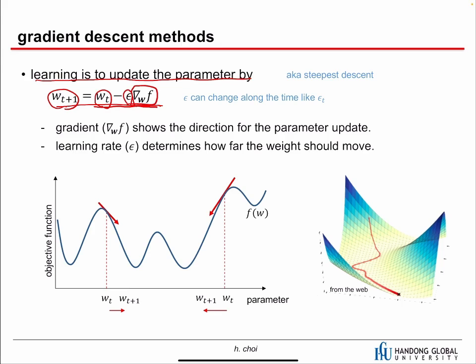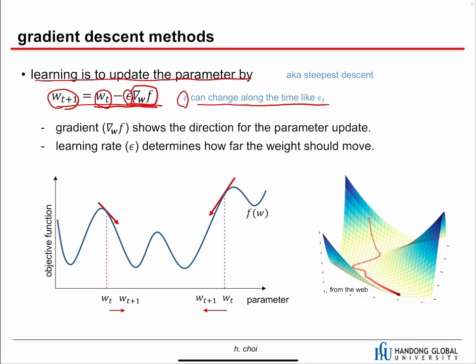So gradient defines the direction of the parameter update, and the learning rate determines how far the weight should move. And sometimes in many algorithms, epsilon can change along the time, like epsilon sub t. Okay. So the idea is simple.